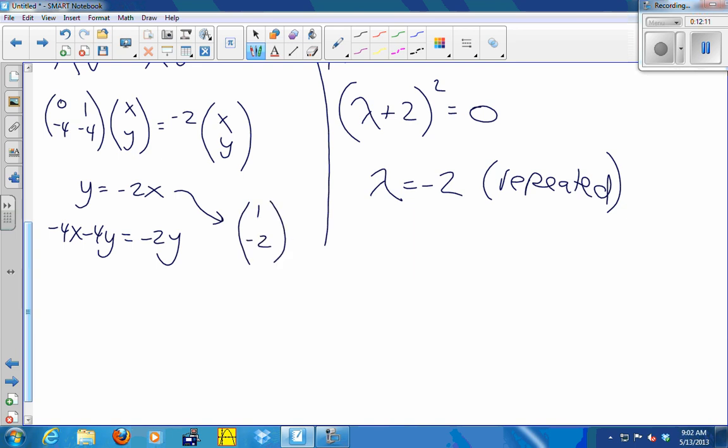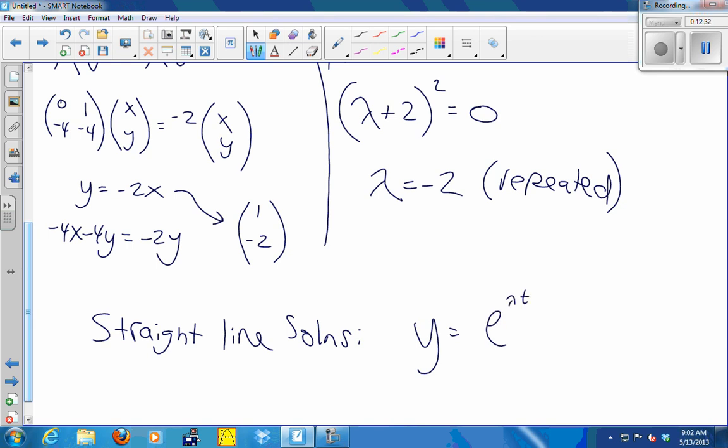So straight line solutions would be, in general, straight line solutions are e to the lambda t times v for any eigenvector, right?